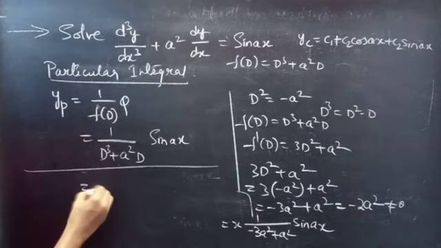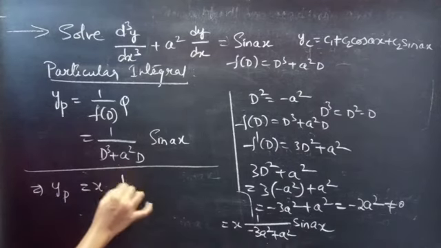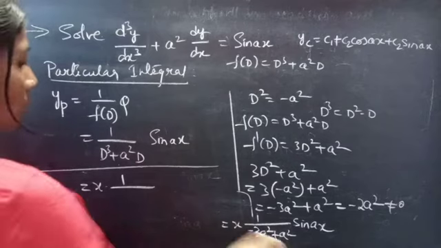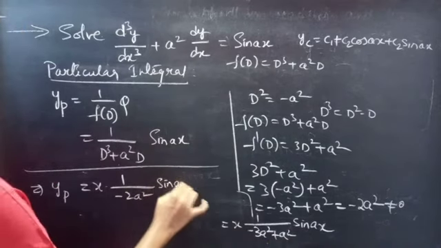This becomes yp equals x into 1 by minus 3a square plus a square, which is minus 2a square, into sine ax.